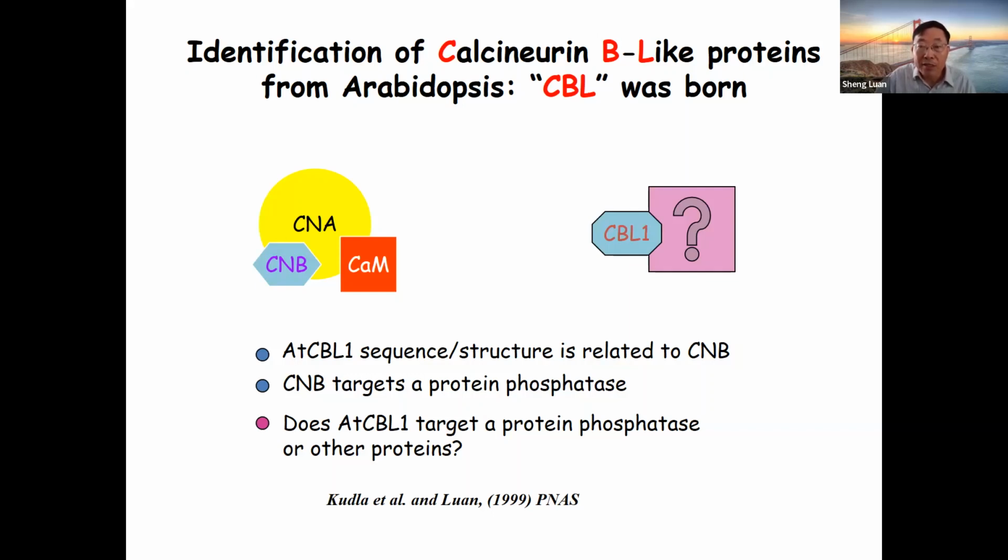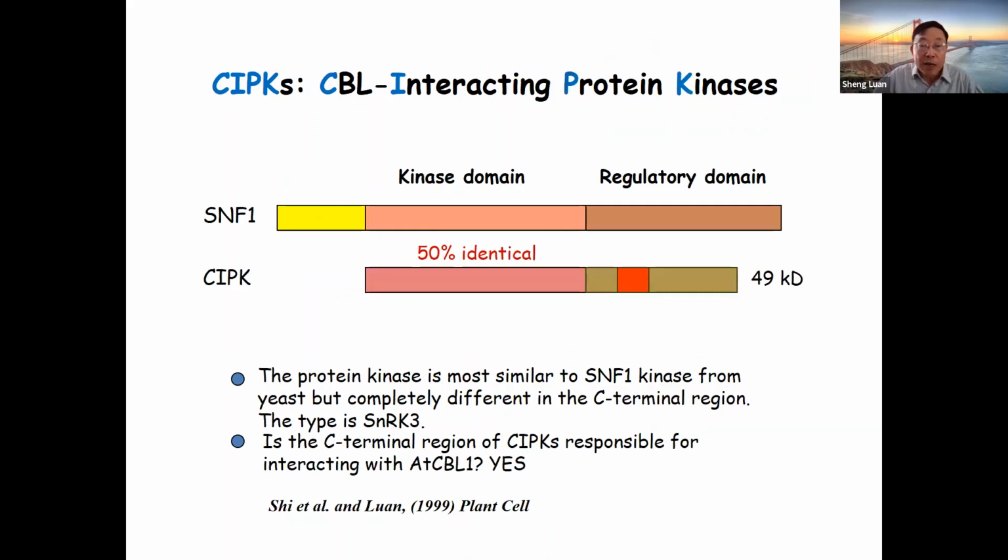But if something else, then we have to redefine the function of CBL. So we identified the CBL interacting proteins, and all of those turned out to be a family of protein kinases. That's how the CIPK was born, and we call them CIPK, of course, CBL interacting protein kinases.